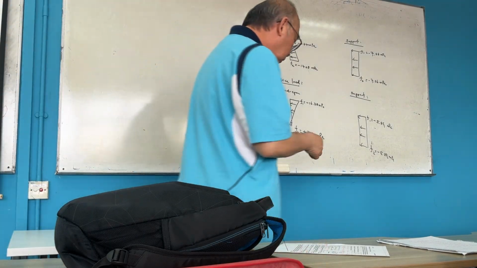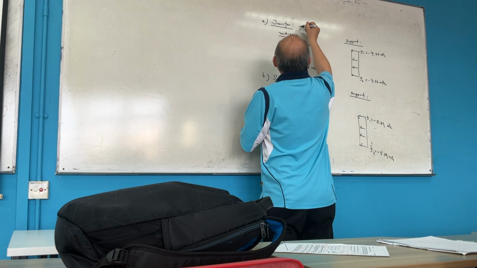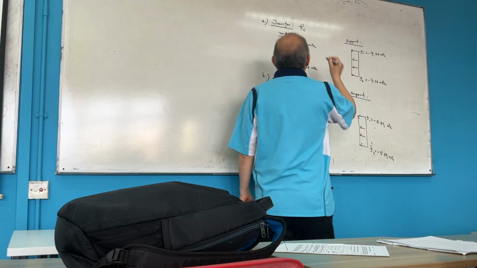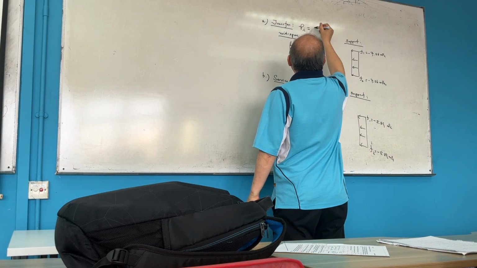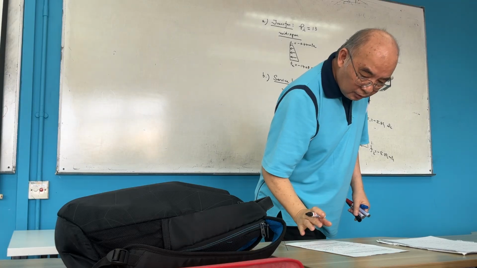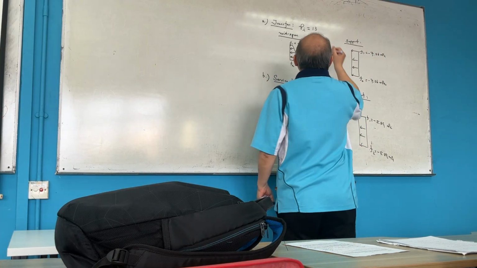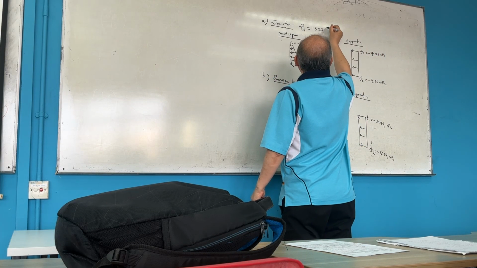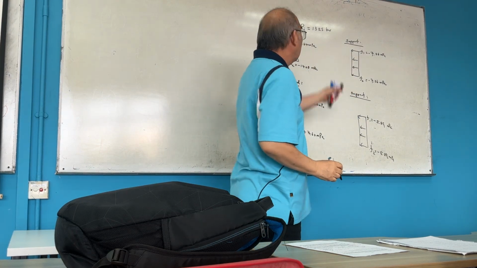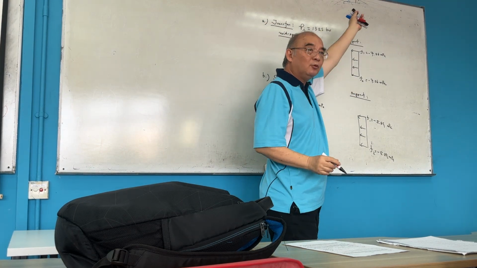So at the transfer, you use P initial, which is 1325 kilonewton. And then you convert it to 1325 times 10 to the 3 Newton.